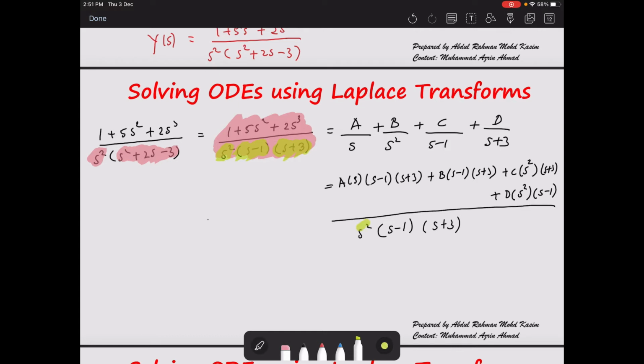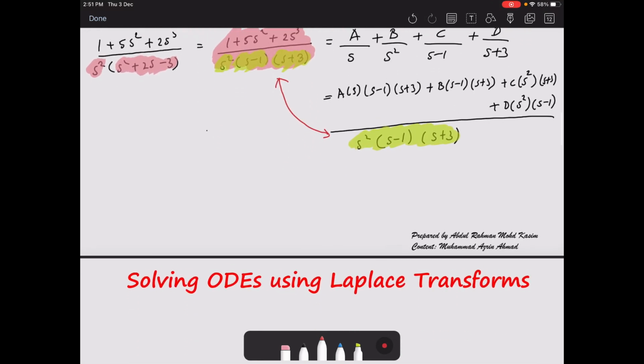Since the denominator over here is similar with this one, so you can equate its numerator. So what is the numerator? So you will equate 1 plus 5s squared plus 2s cubed is equal to its numerator in the right hand side over here.